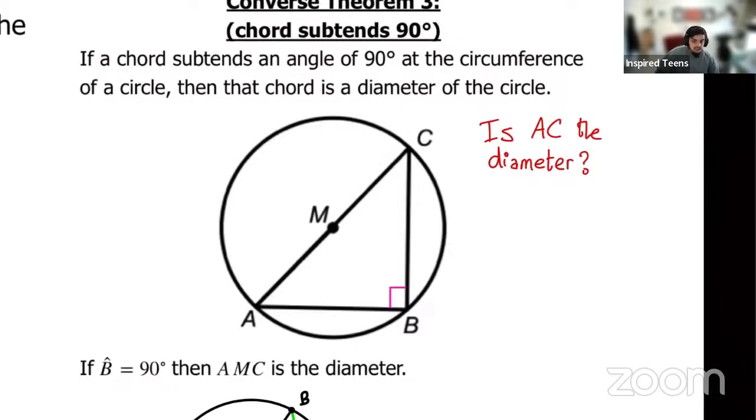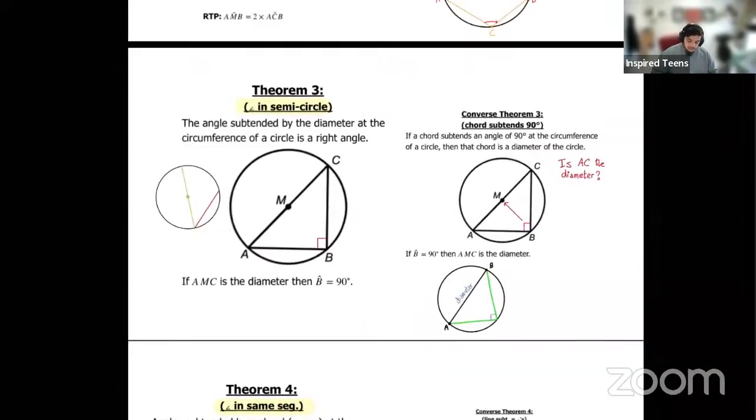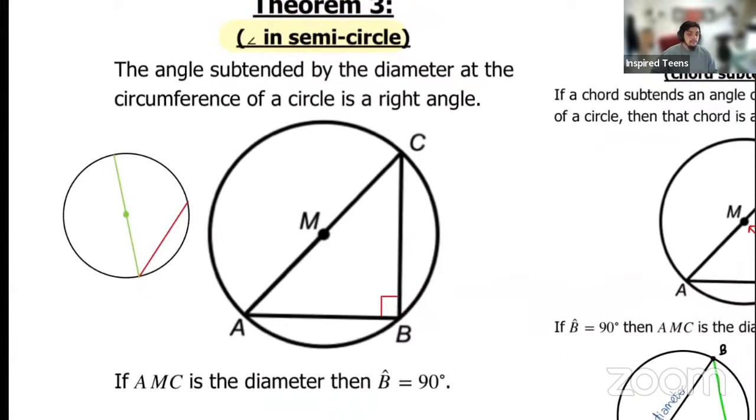So the question is, is AC the diameter? The way you'd need to prove that, you'll see there's a lot of proofs in this topic, is that if you can prove that B is 90, then you definitely know that AC is the diameter. So that's why we call it the converse. It's the opposite. If we work forward like normal, we would say if we have a diameter, then any angle subtended by that diameter is 90.